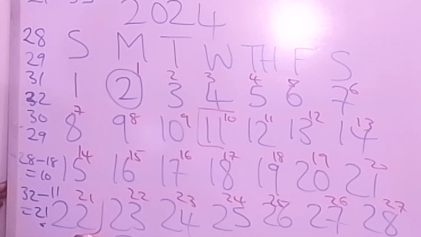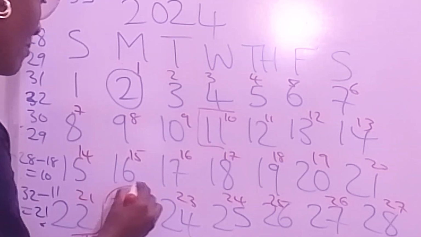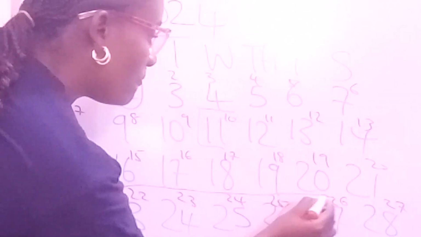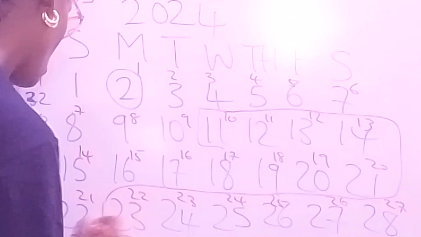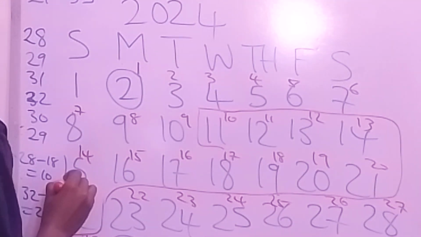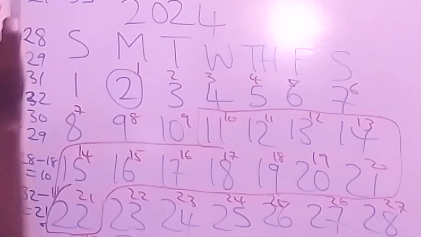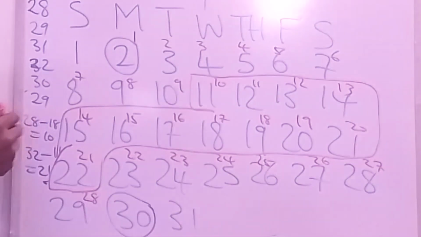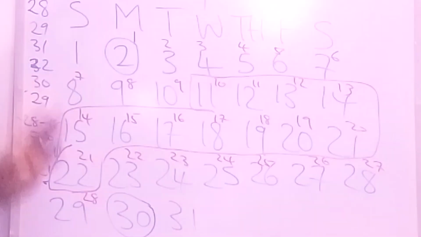So this is the closing of this woman's fertile window. So let me draw a box for this woman's fertile window. Okay, beautiful. So all the days inside this box make up this woman's fertile window.